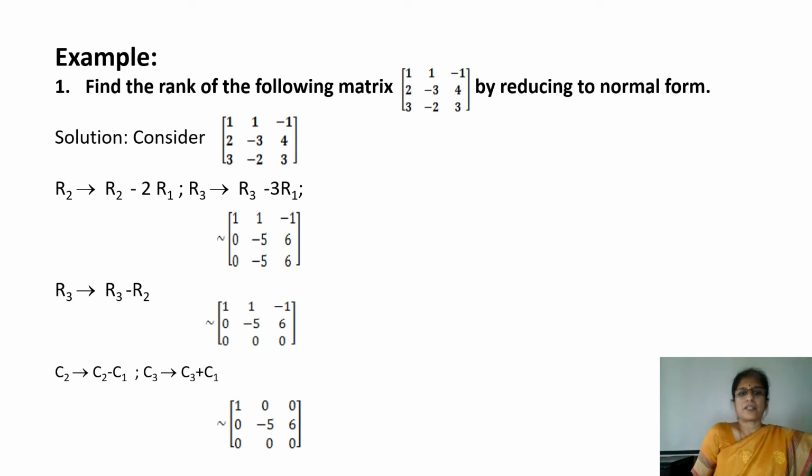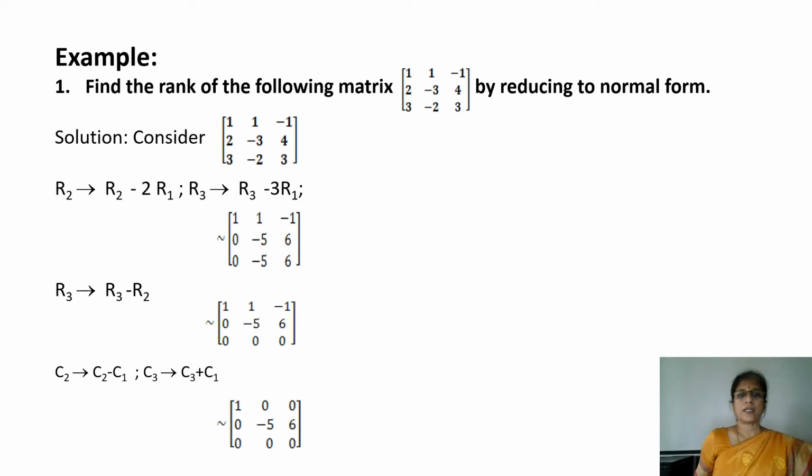In this matrix, we can observe that the second and third row elements are the same. Therefore, by applying the operation R3 changes to R3 minus R2, we obtain the matrix with the elements 1, 1, minus 1, 0, minus 5, 6, 0, 0, 0.